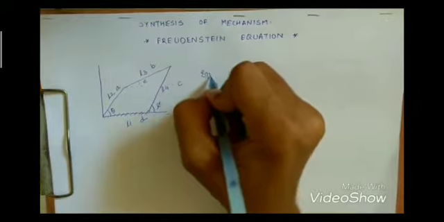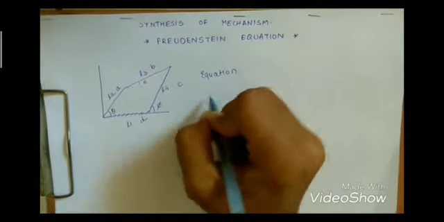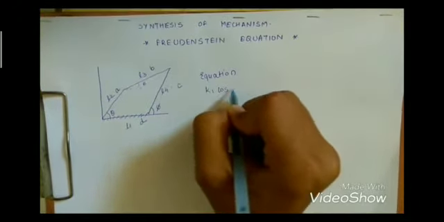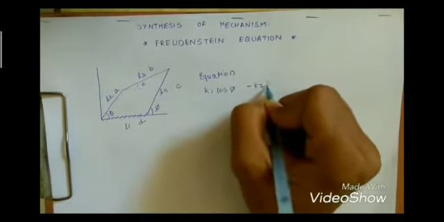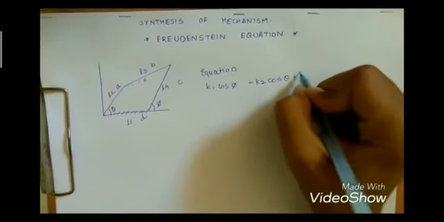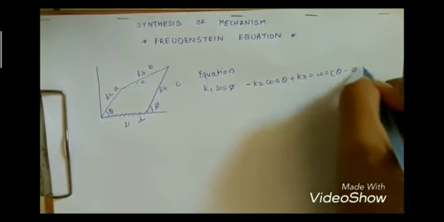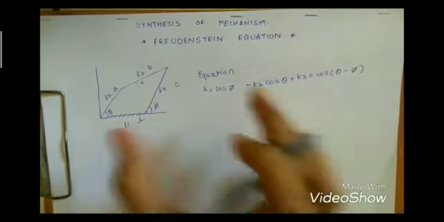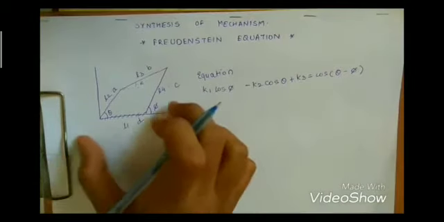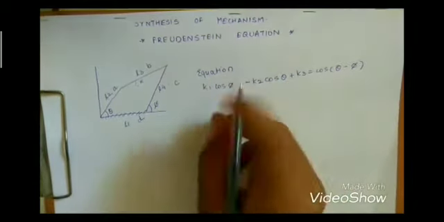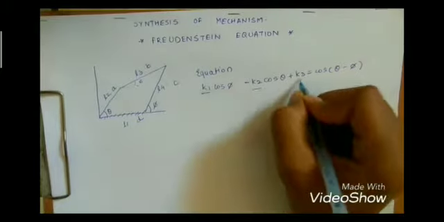So the equation goes as follows: k1 cos phi minus k2 cos theta plus k3 is equal to cos (theta minus phi). This equation is derived following the diagram, and as you can see, we have three terms k1, k2 and k3.